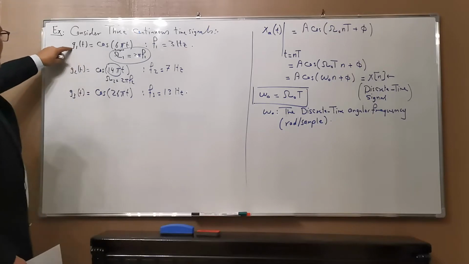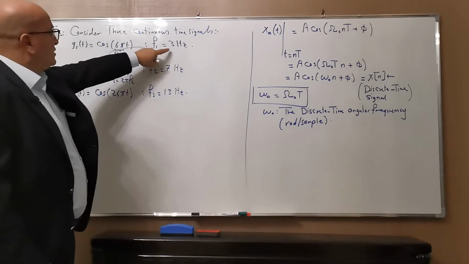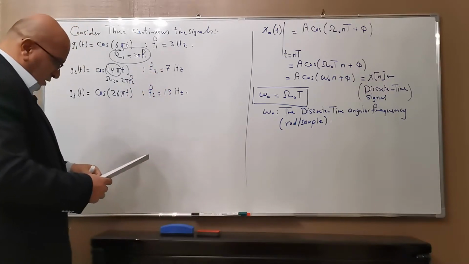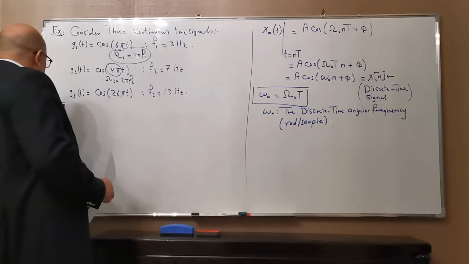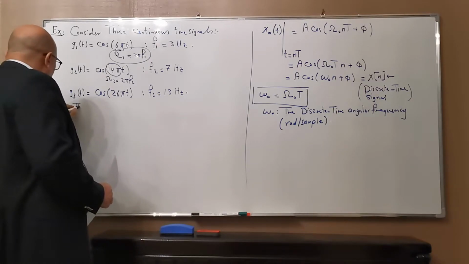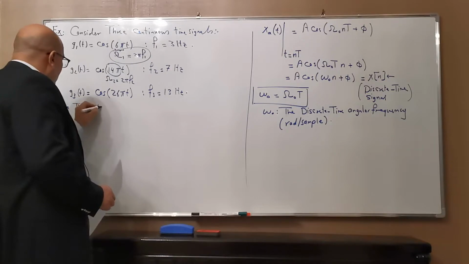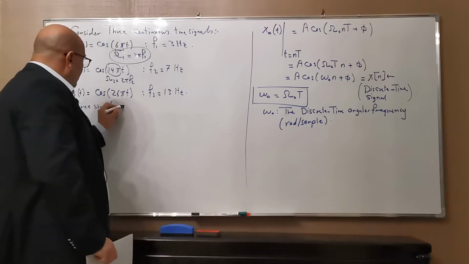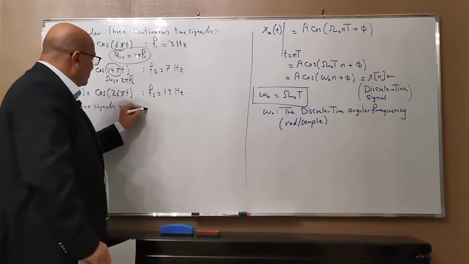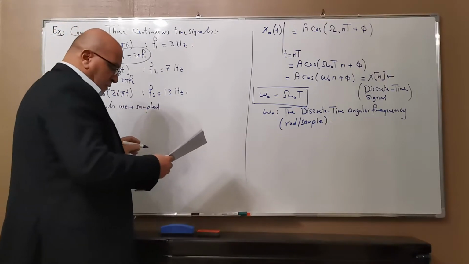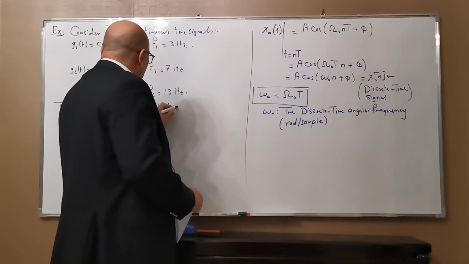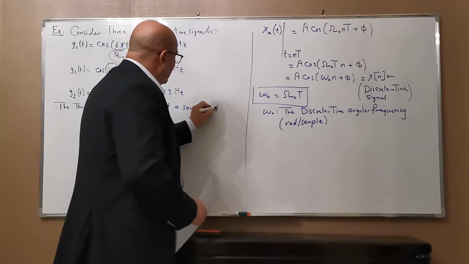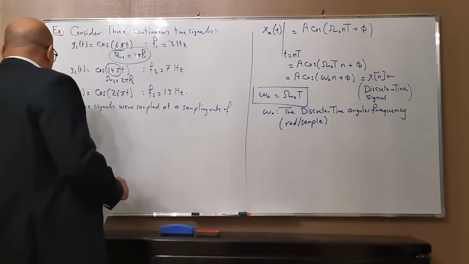So we have three frequencies. One of them is 3 hertz, the other one is 7 hertz, the third one is 13 hertz. The three signals were sampled at a sampling rate of 10 hertz.